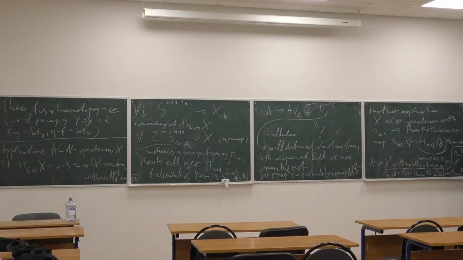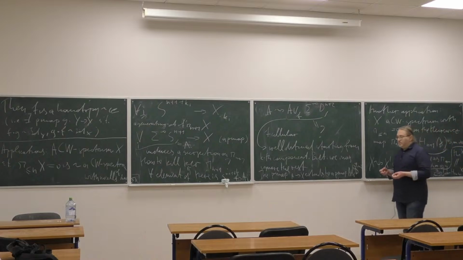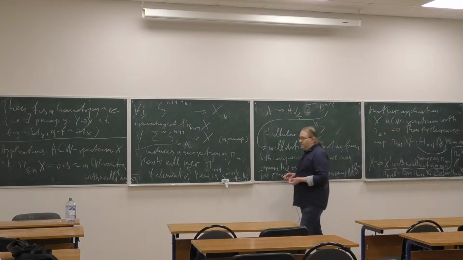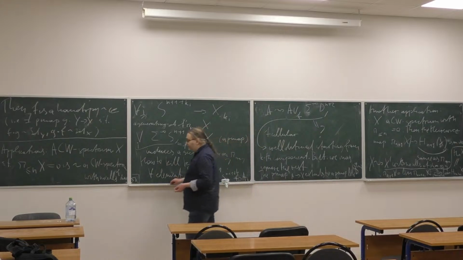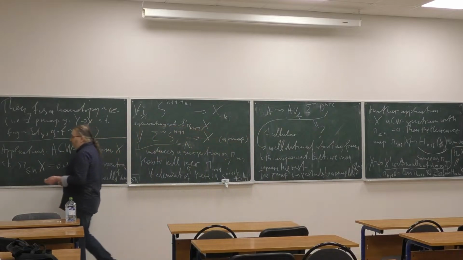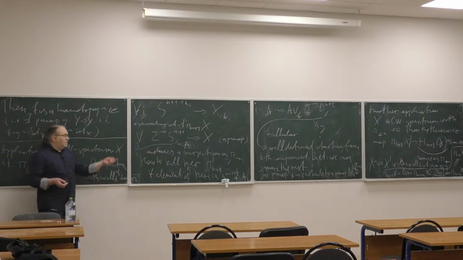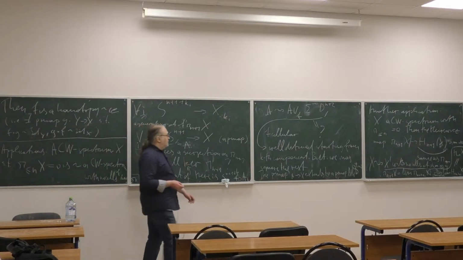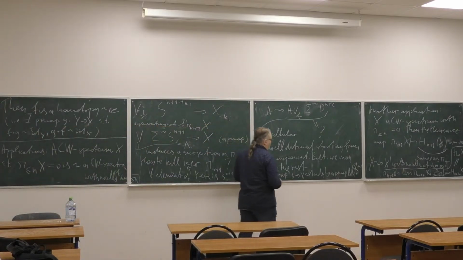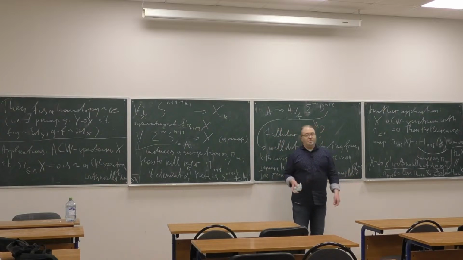So basically, again, for spaces, there's a problem with pi 1. For spectra, there's no pi 1, so we don't need to make any extra assumptions.